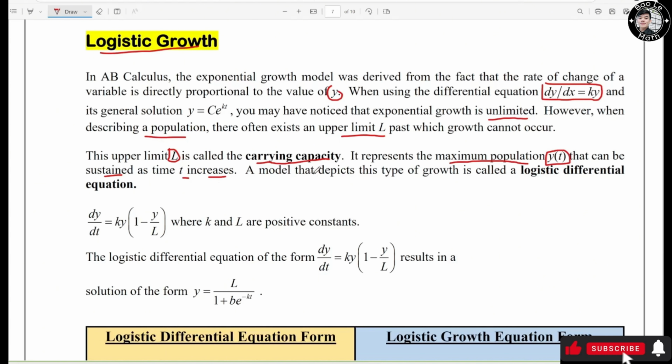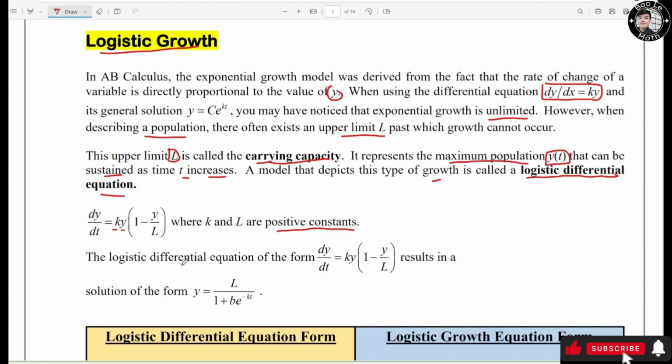A model that depicts this type of growth is called a logistic differential equation: dy/dt = k times y times (1 minus y over L), where k and L are positive constants.